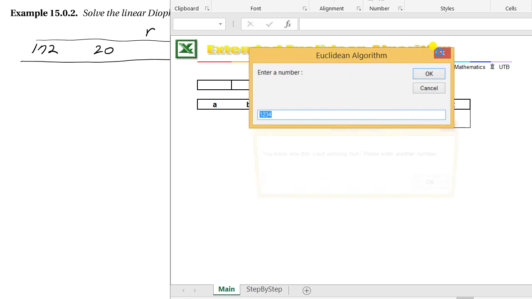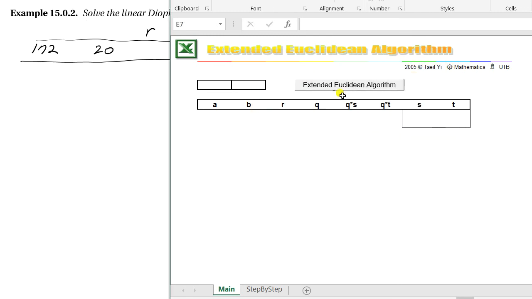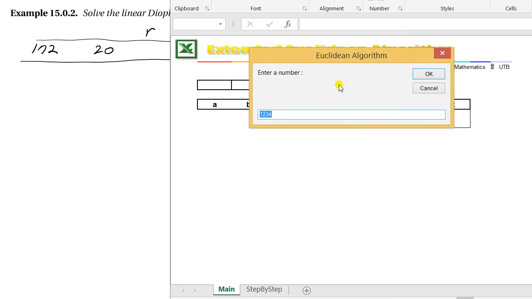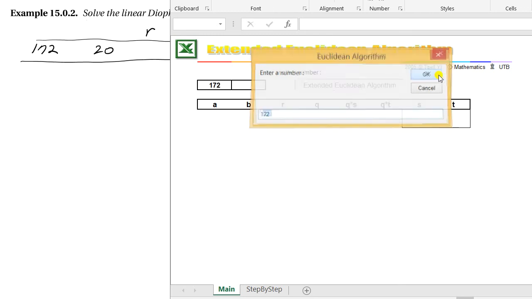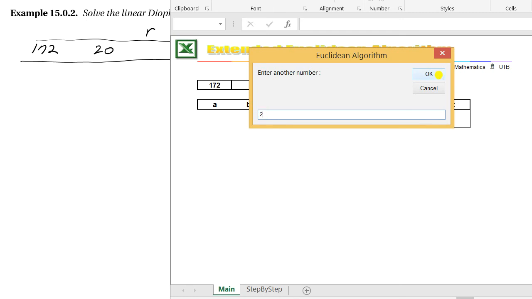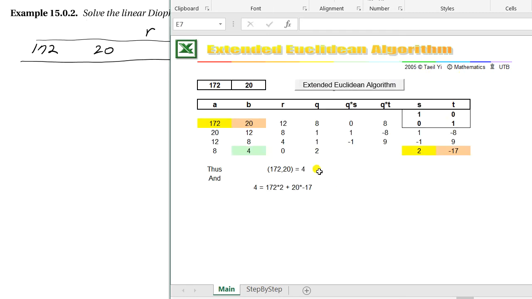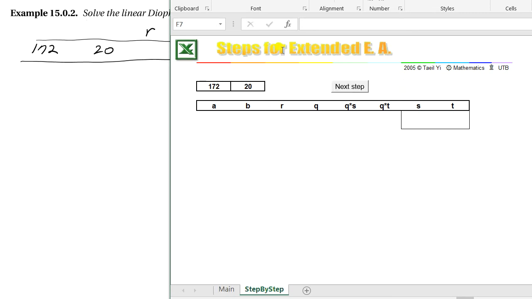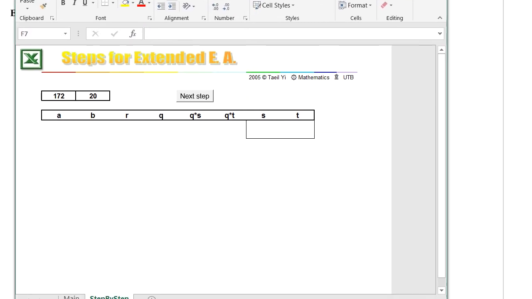Given numbers are 172 and 20. So it gives us this, but in an actual case, you have to do it one by one.